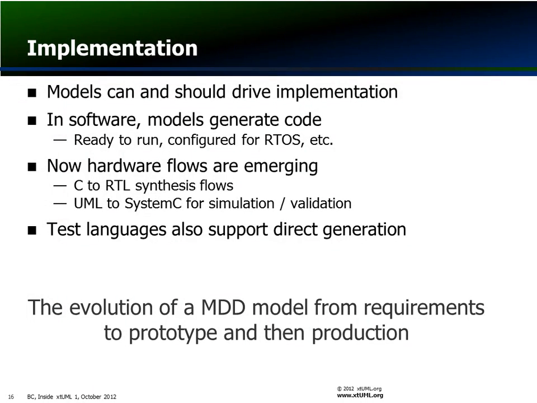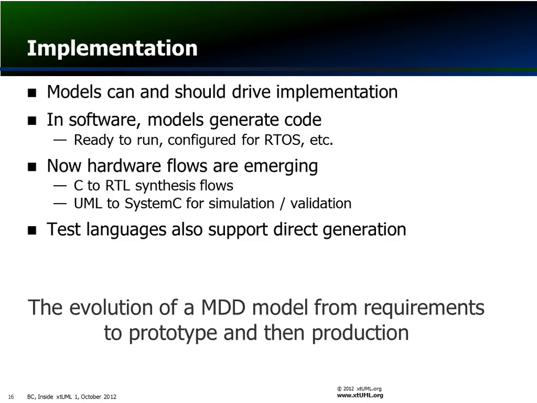Historically in software, UML models have been used to generate code, and that process has been refined to the point where completely automatically ready-to-run code can be created for a particular processor architecture, operating system, or whatever constraints it might need to meet.